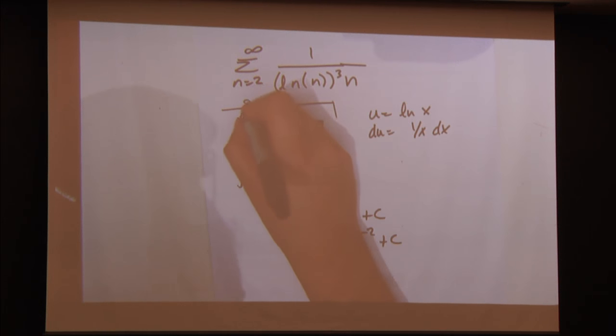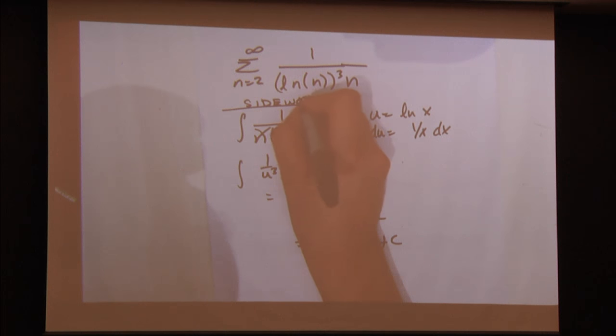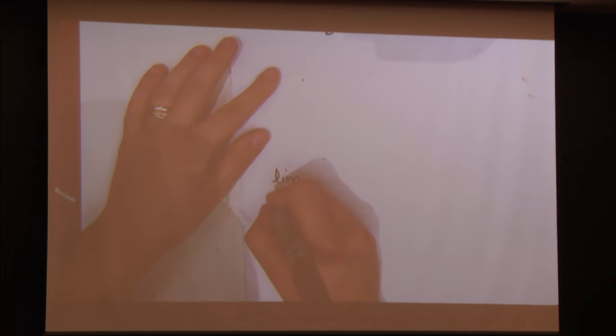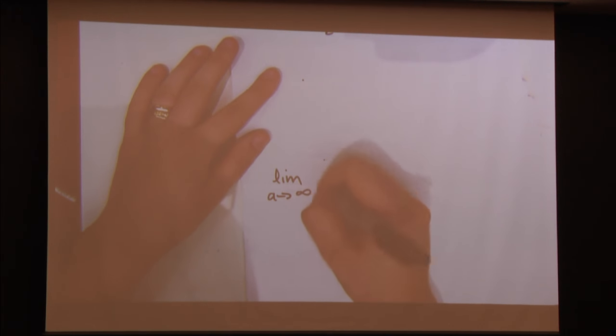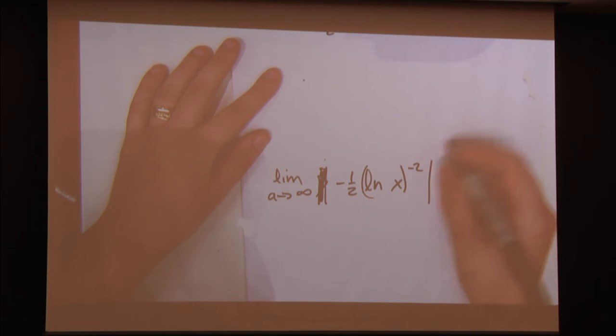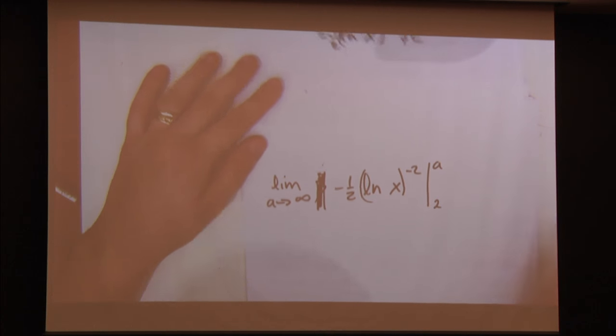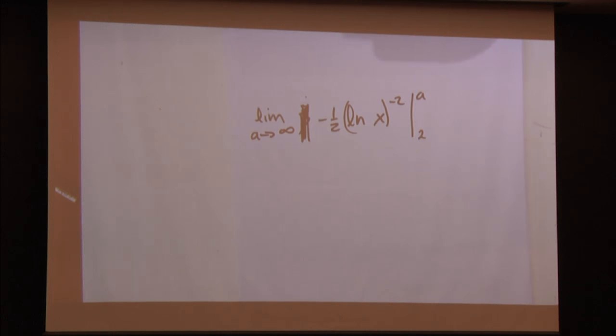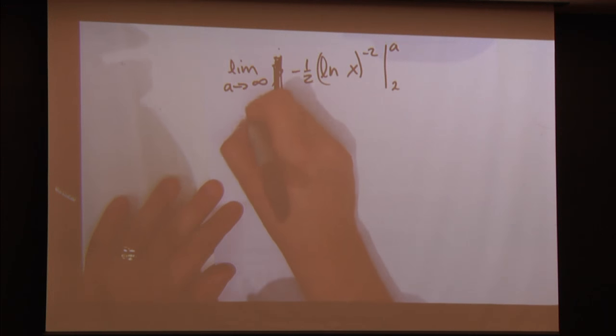This is the indefinite side work part because we need to find out our bounds. This is side work. We want to find out the limit as a approaches infinity of negative 1/2 ln of x to the negative 2 from 2 to a. If that integral converges, then what? The series also converges.